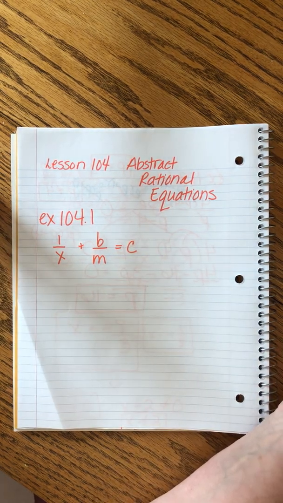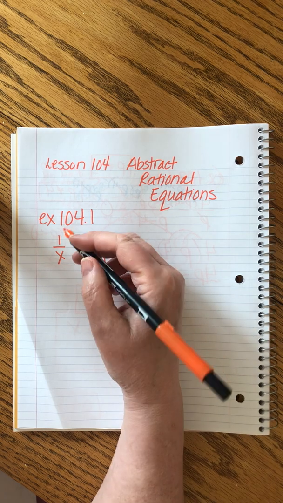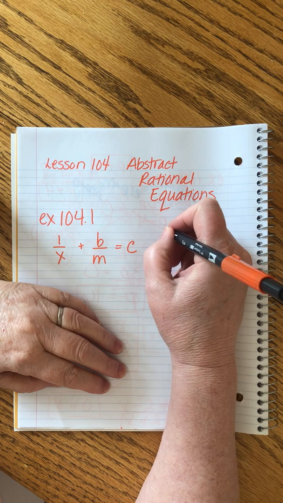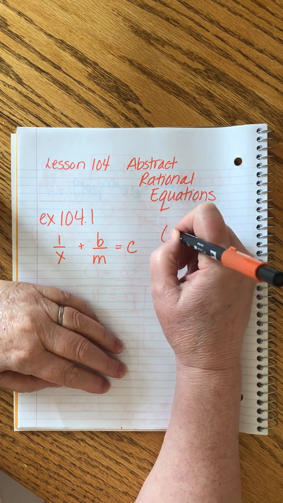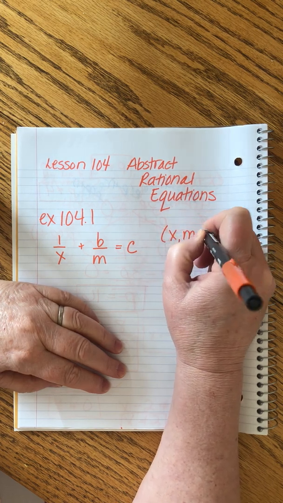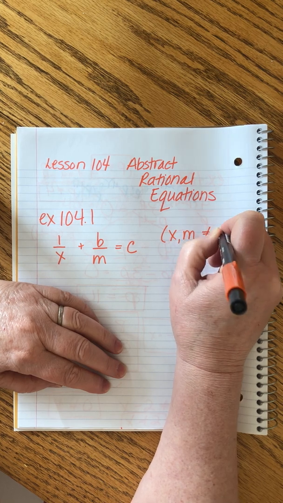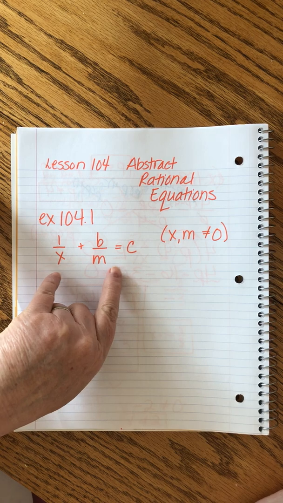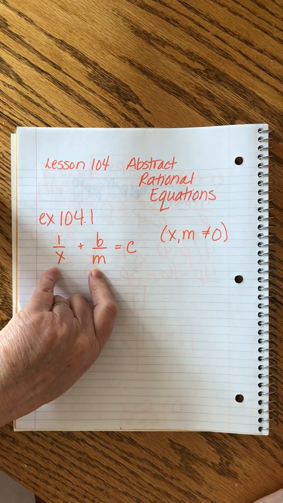Okay, that's a lot of letters, isn't it? Just a single one. It's a lot of letters. John writes something in the problem that I want to add here. He writes this. Why does he write that? Well, it's because we have to make sure that our denominators don't turn into zeros.